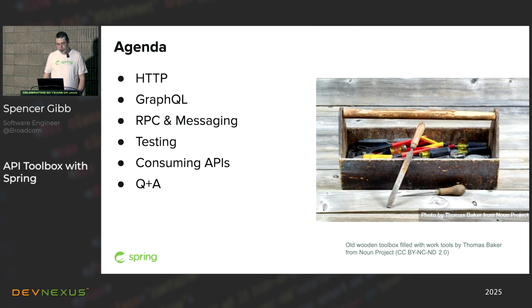This is what will be the high-level things that we'll be talking about. On most of the slides, there are a couple of URLs, typically the reference documentation to the feature I'm talking about, and then typically how to enable or use that in Spring Boot.